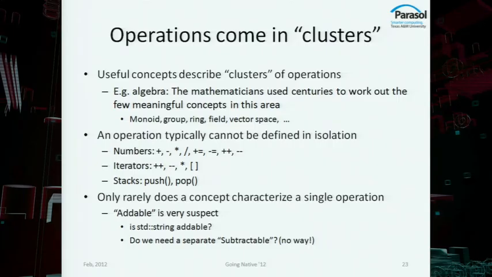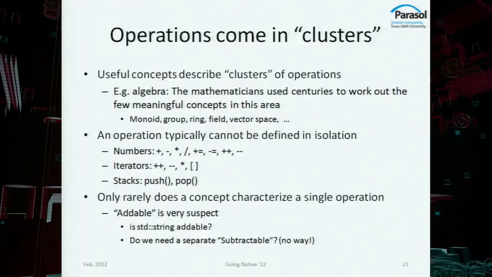If you have to give the semantics of minus and you're not allowed to say plus, you're in deep, deep trouble. Because if you define plus and minus, they have to match. If you define star for dereferencing and the subscript operator, they have to somehow match.